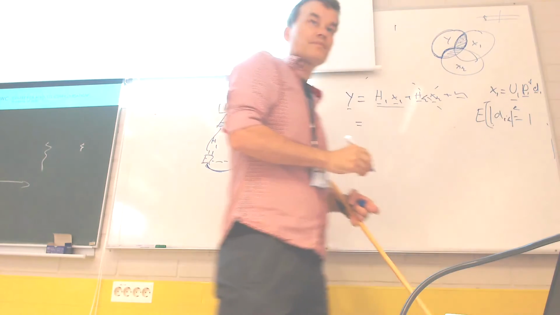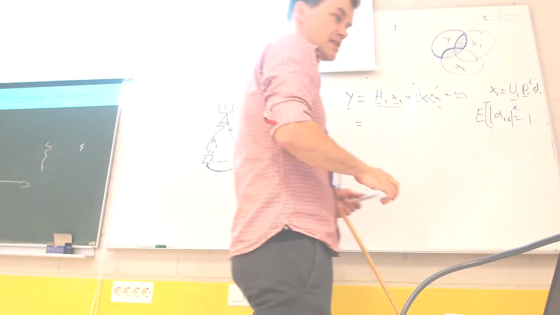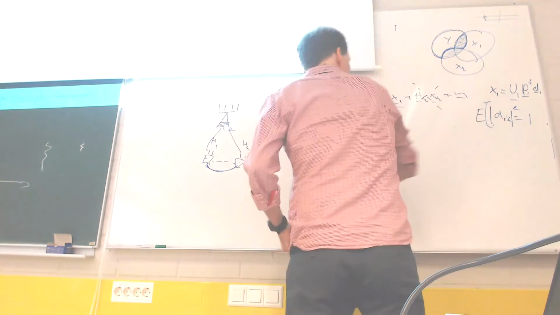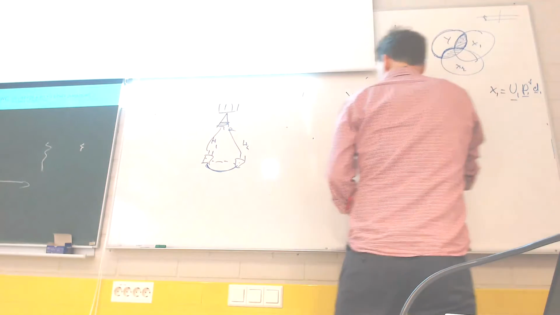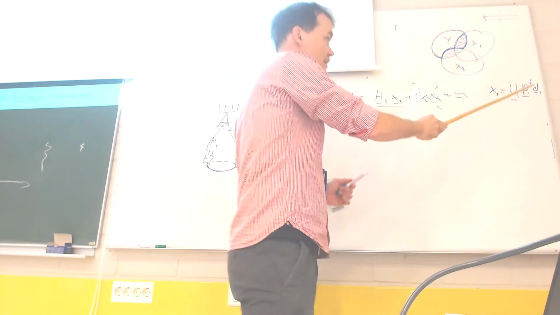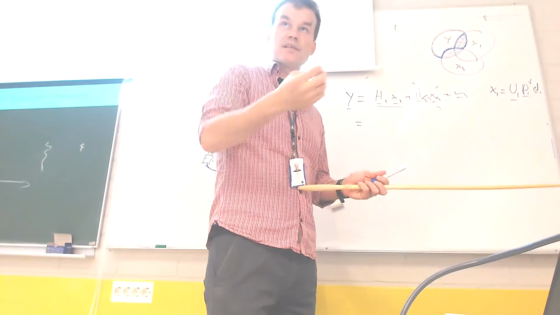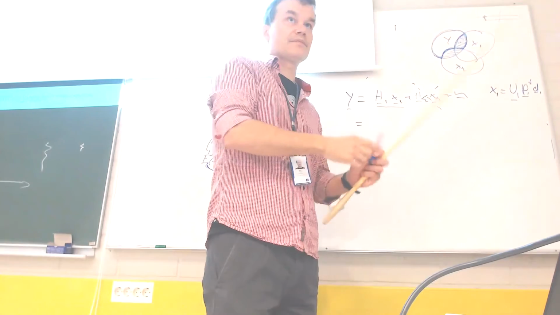The key thing with normalizing this data is that when you take an expectation, it vanishes because it's 1.